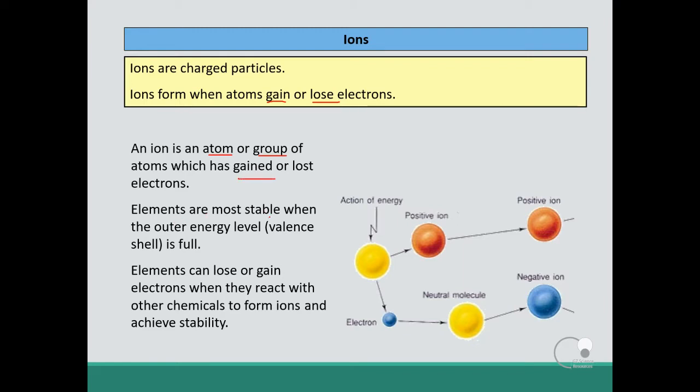Elements are most stable when the outer energy level, or the valence shell, is full. So elements can lose or gain electrons when they react with other chemicals to form ions, and they do this to achieve stability.